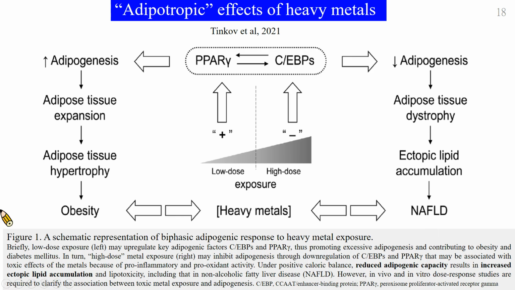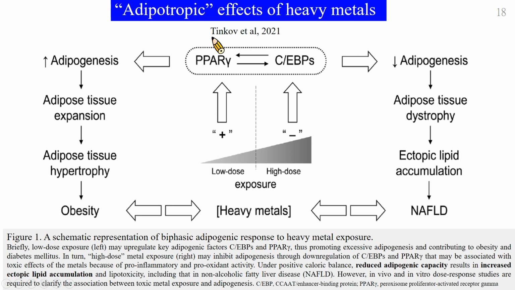A recent review article by Russian scientist Alex Tinkov summarized very well the adipotropic effects of heavy metals. So if you want to understand the adipotropic effects of heavy metal exposure, I recommend you take a look at this review article.